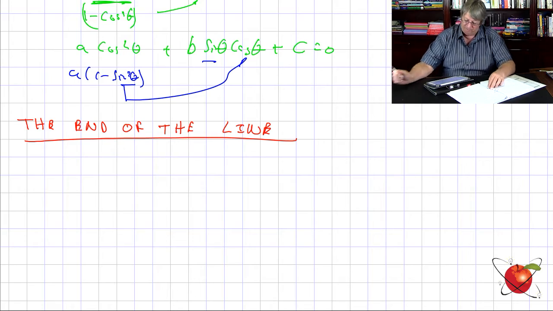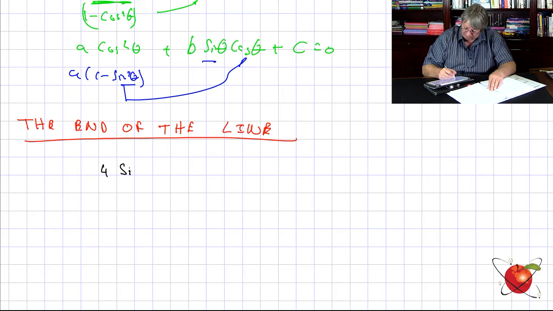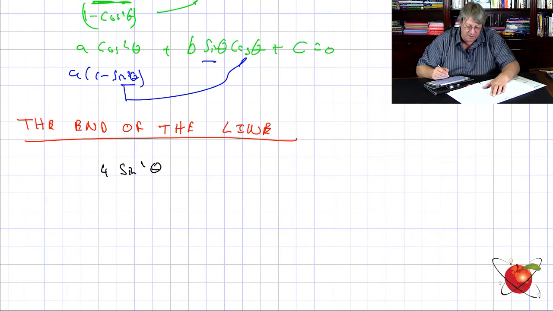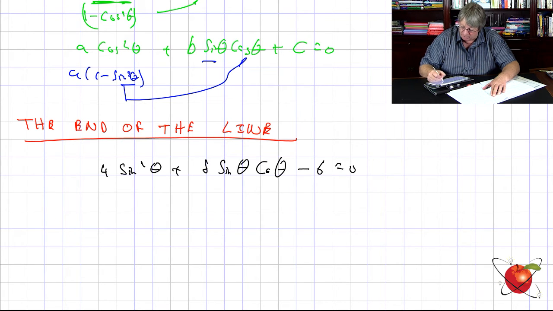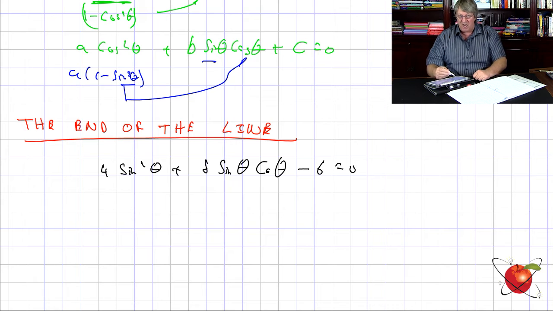What do we do? We are going to make the final possible thing that we can. We are going to change it into this. So what did I have? I had 4 sine squared theta plus 8 sine theta cos theta minus 6 equals 0. Hang on, I can divide through by 2.